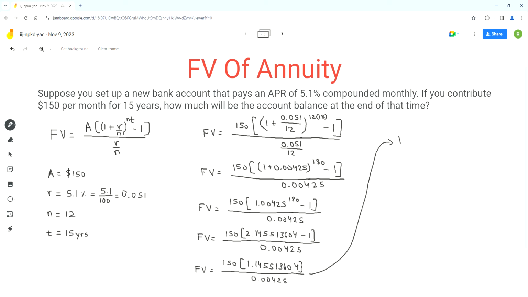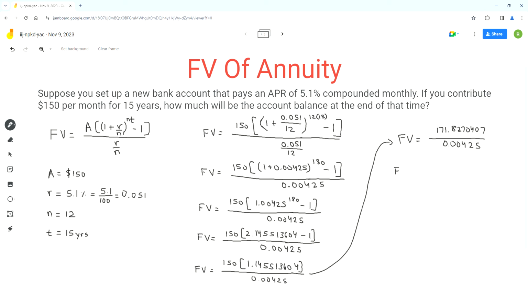So now we can move the calculations here. Now we can multiply 150 by 1.145513604. So I got 171.827047 over 0.00425.